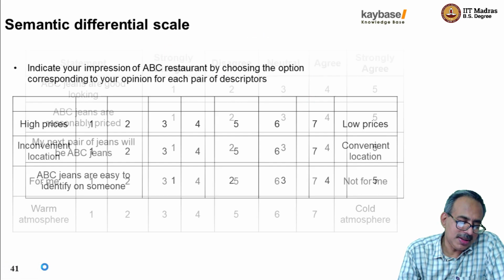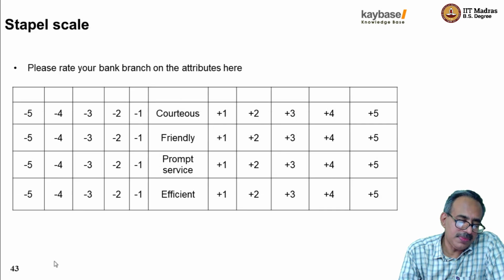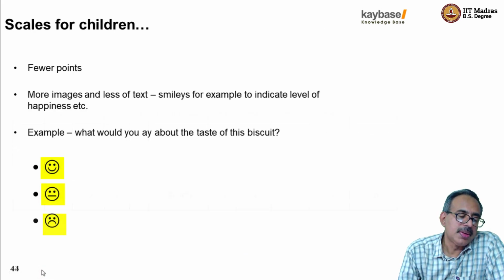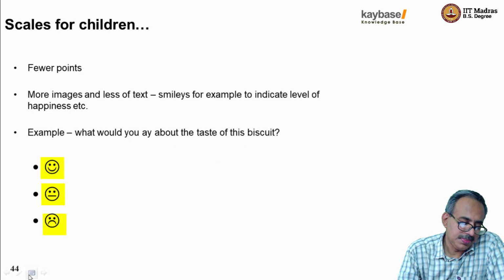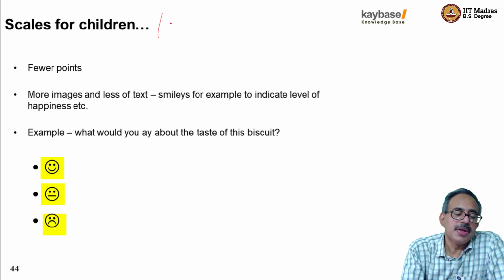Let's just take a very brief look at scales for children. Or for illiterate people, or less educated people, etc. Fewer points, your 7 point, 9 point, 10 point may confuse them. It's enough to have 3 or at most 5.